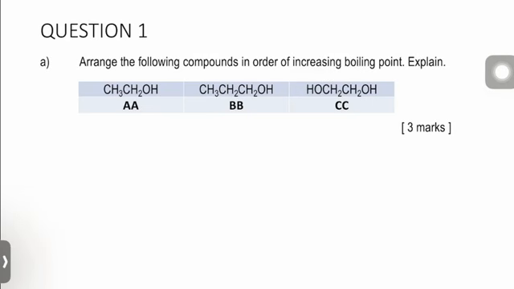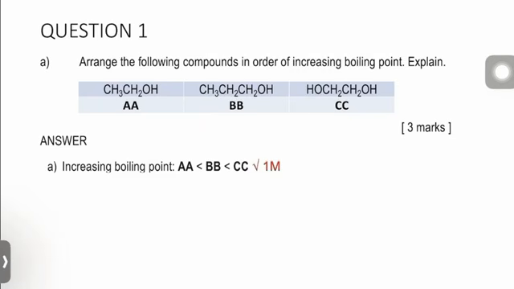So the arrangement in order of increasing boiling point is AA, BB, and CC. For the correct arrangement, you will get 1 mark.